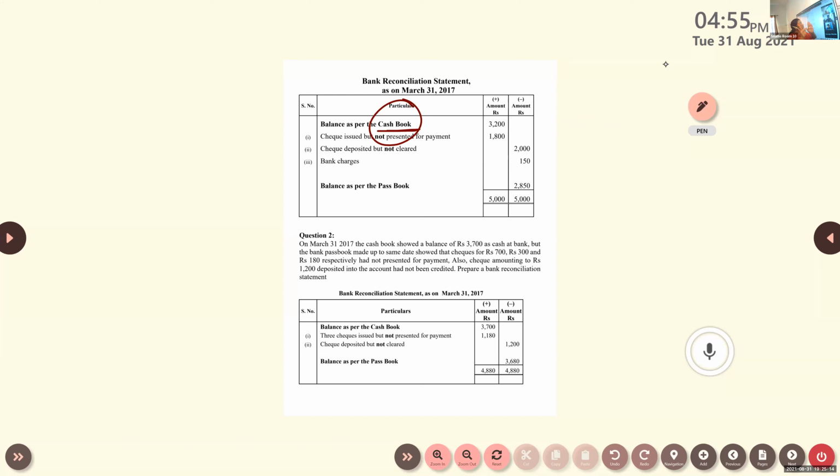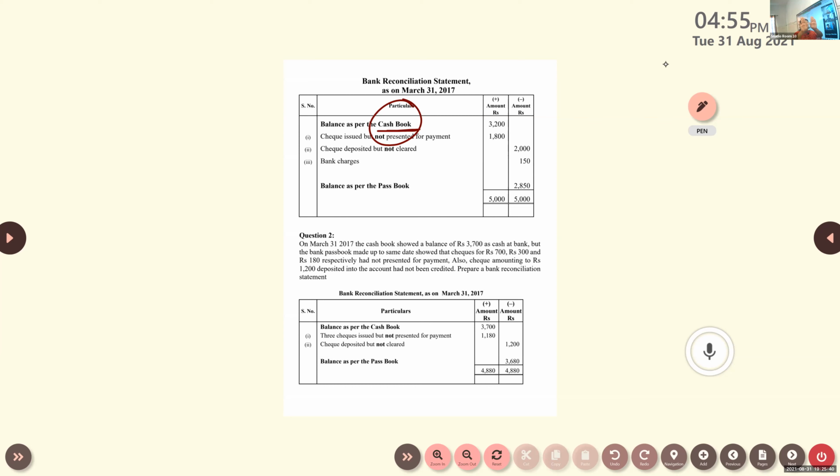Check issued, but not presented for payment. So the passbook and cash book both are the same. Now, check issued. Who is issuing the check? The business is issuing the check. When the check is given, what does the business do?